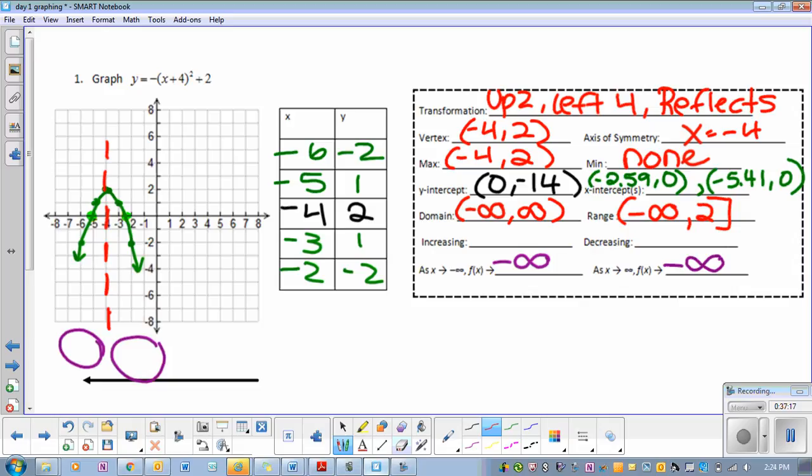I have an arrow on the left. Where is that going? Negative infinity. I have an arrow on the right, going toward infinity. So what is my graph doing from negative infinity to negative 4? What's it doing from negative 4 to infinity? Decrease. So there you go, those are your two intervals.